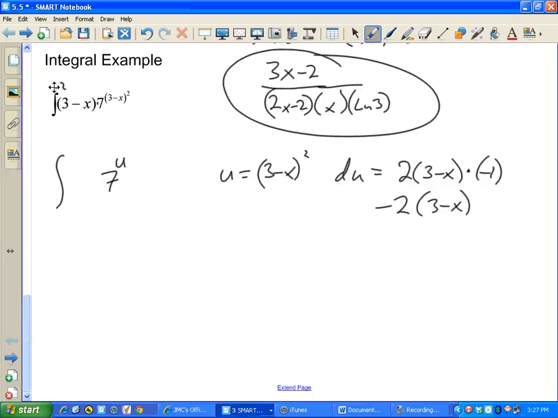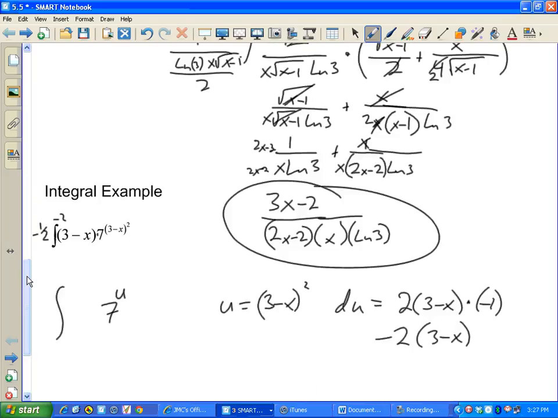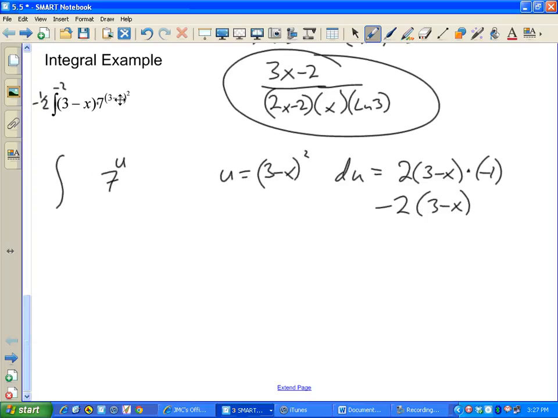So if I multiply a negative 2 on the inside, I would need a negative 1/2 on the outside. So I've got negative 1/2, 7 to the u, and I now have du.